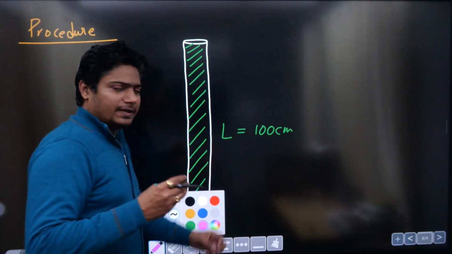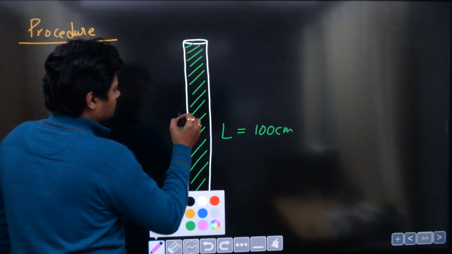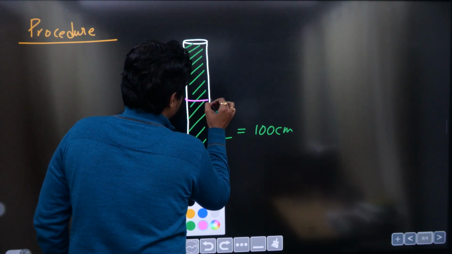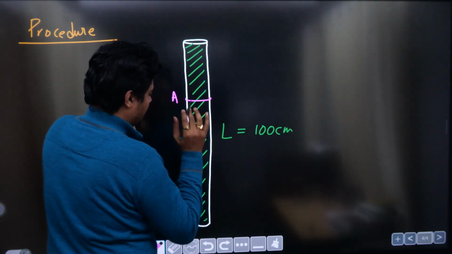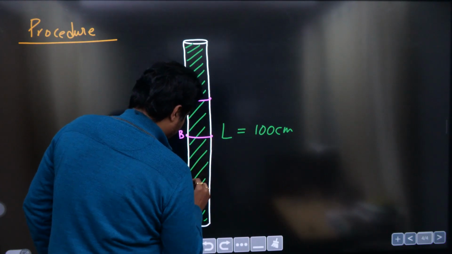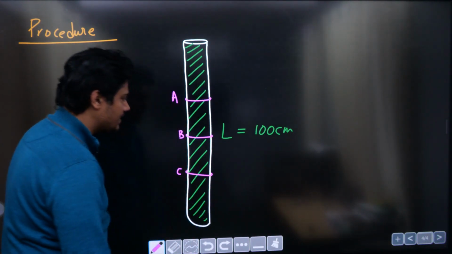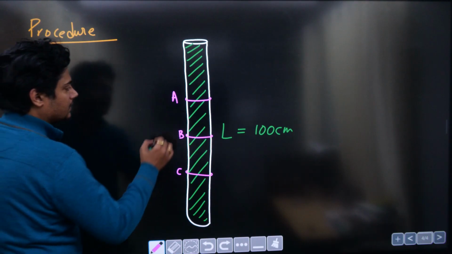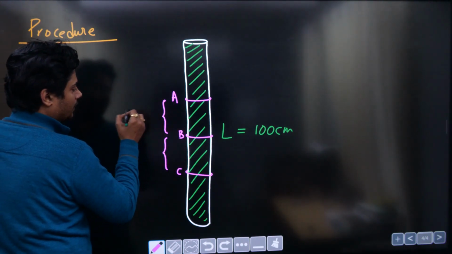Now what you do, you take the rubber bands, you know rubber bands, and you put the rubber bands. The first rubber band, let me call, is placed at some distance A, then the second rubber band B, and then the third rubber band C. You place these at equal distances.